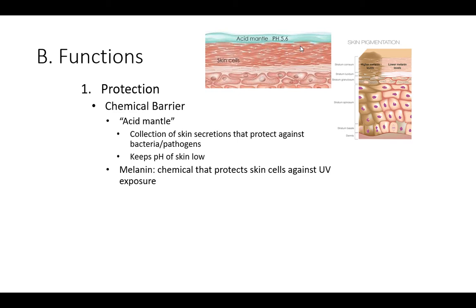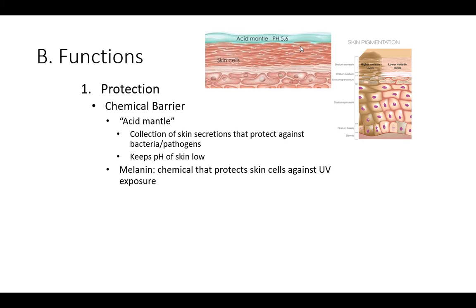We also produce something called melanin, a pigment, a little molecule that pigments our skin. That's why when you go out in the sun, your skin gets a little bit darker, or perhaps even a little bit pink if you don't produce as much melanin.